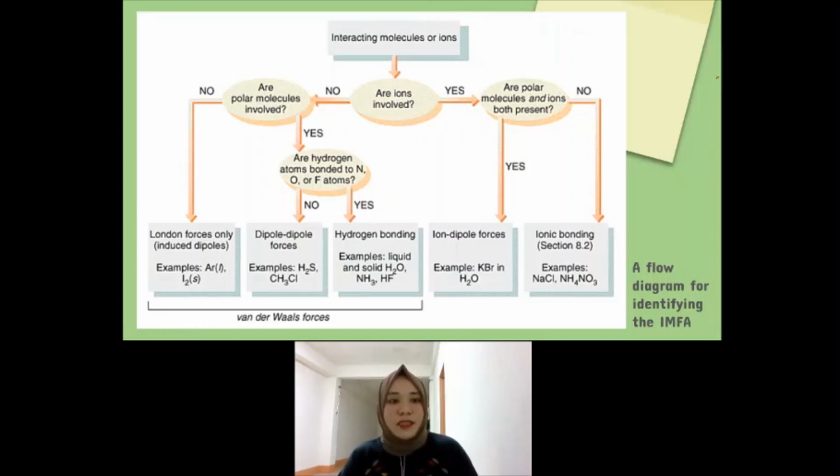This will serve as a guide on how to identify intermolecular forces of attraction in a particular molecule. So just follow the arrow na ay mga questions, and then if it's a yes, you follow the arrow. If it's a no, you follow the arrow, and then it will lead to another question until such time na identify nimo kung unsa nga type of IMFA. So study this one. This will serve as a guide for you.